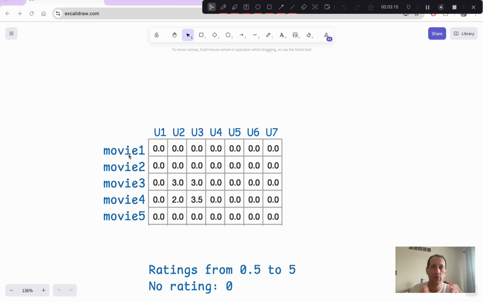Then the question is, how can you find similarity between movies or users, or between movies and users, given that you don't have any features? And that's where the beauty of this collaborative filtering algorithm comes in. What we're going to do is represent each movie and each user with a vector. You can initialize it randomly however you want.